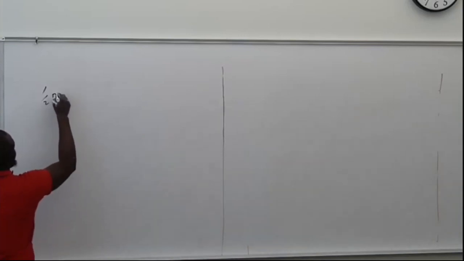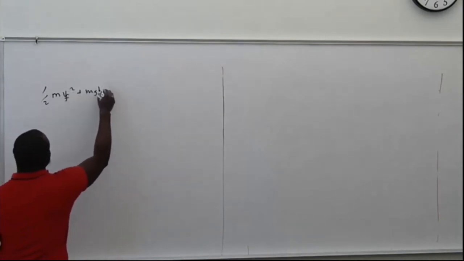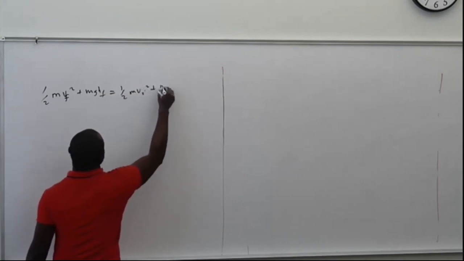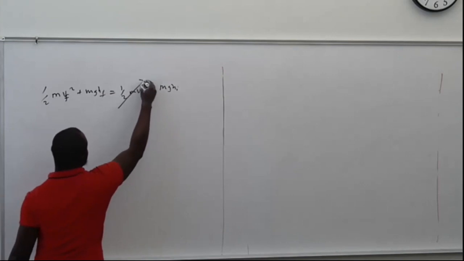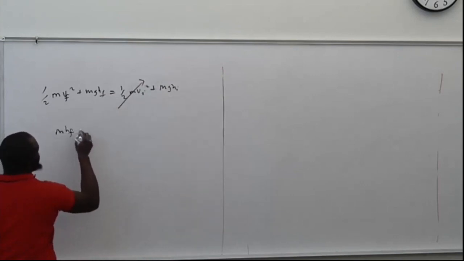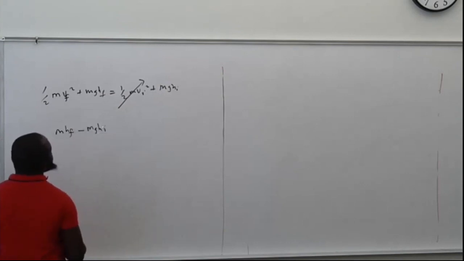So half mv final squared plus mgh final equals half mv initial squared plus mgh initial. Okay. So the initial velocity is 0. So you have mgh final minus mgh initial. Is that okay?